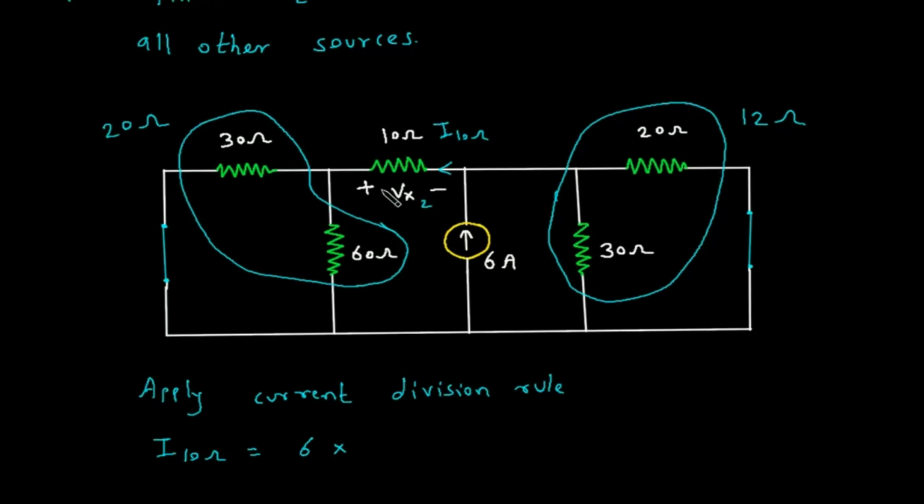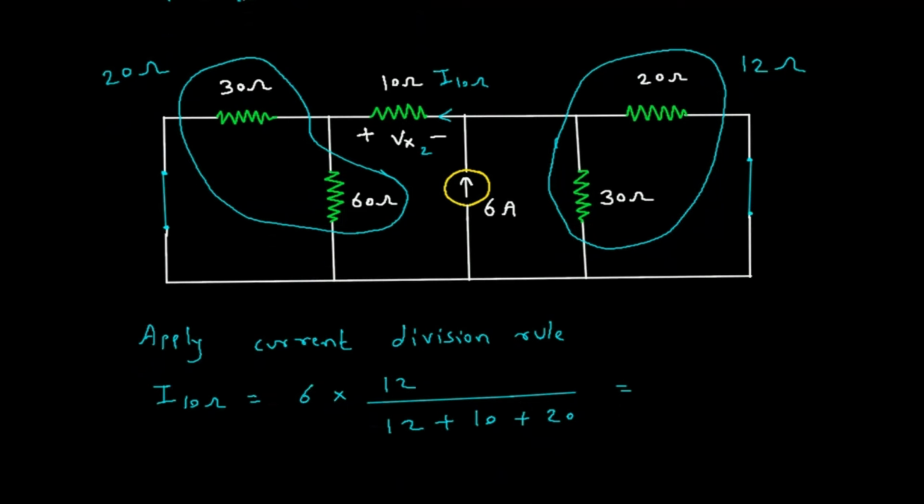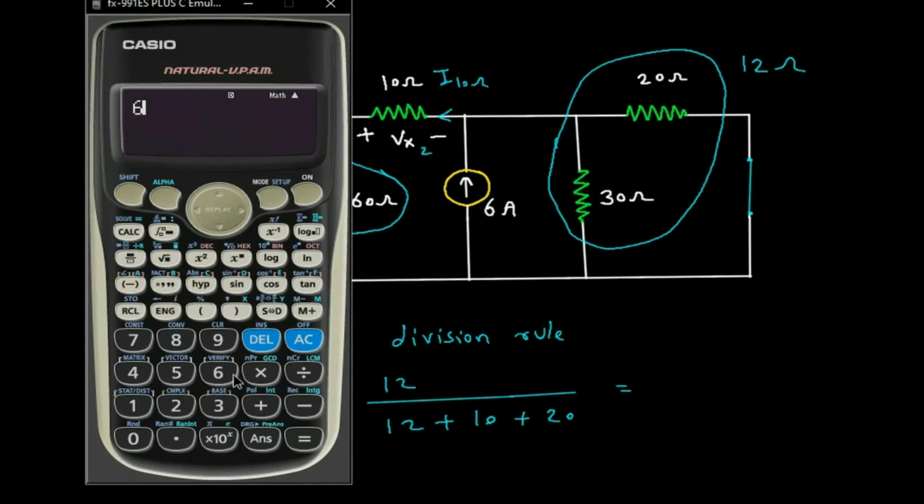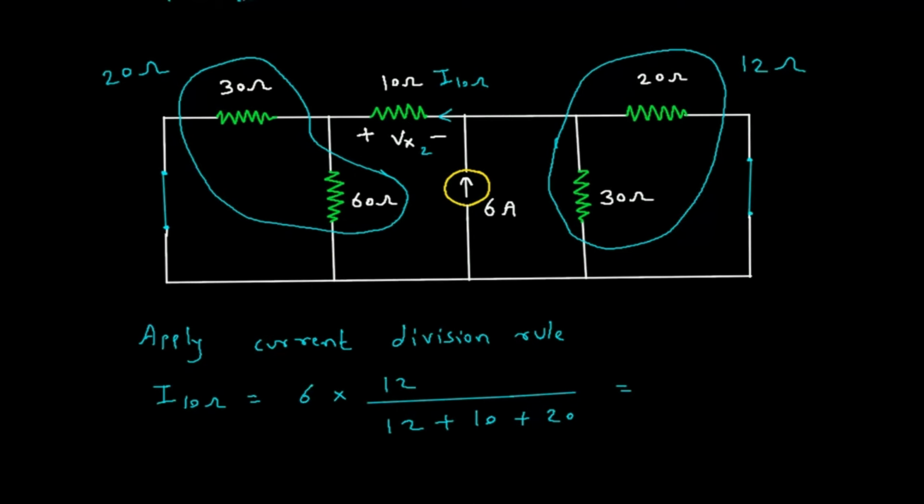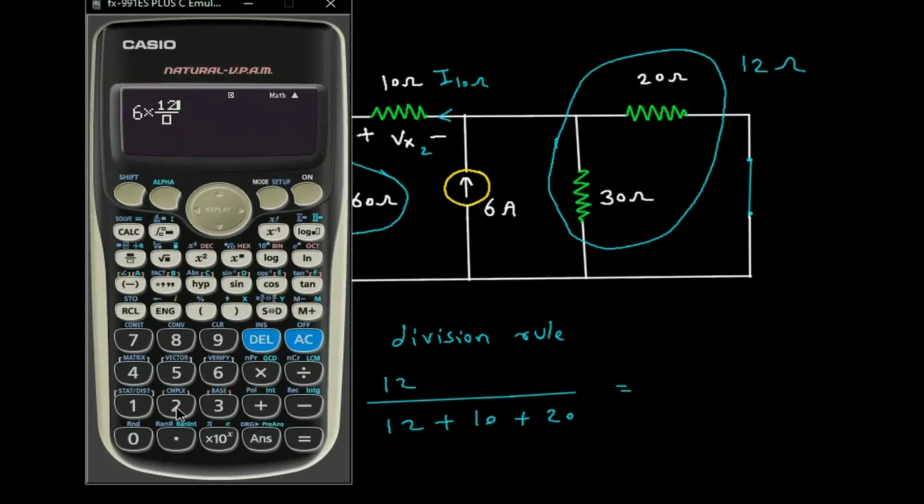So opposite branch resistance is 12 ohm, 12 ohm by total. So total will be 12 plus this 10 plus 20. So this will be 6 into 12 by 12 plus 10 plus 20.